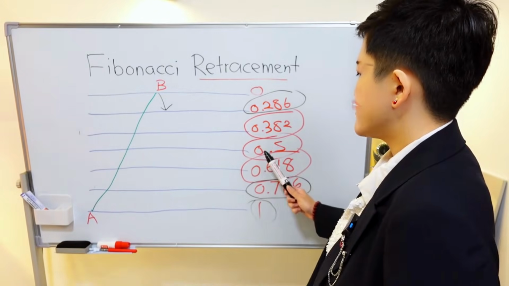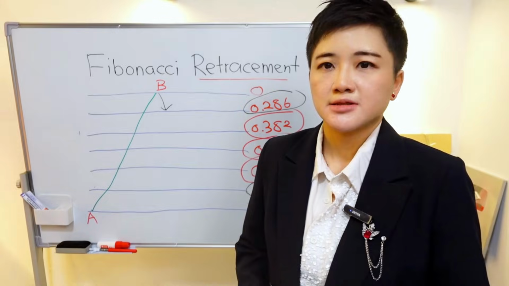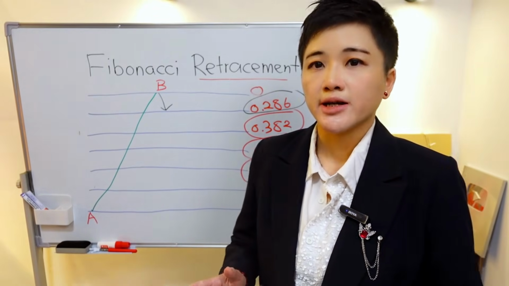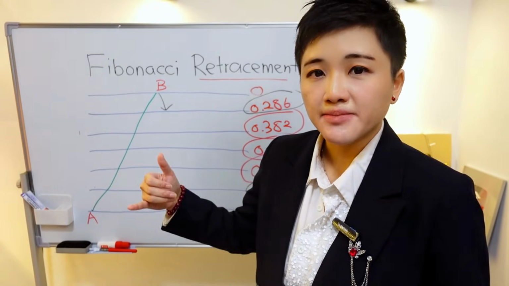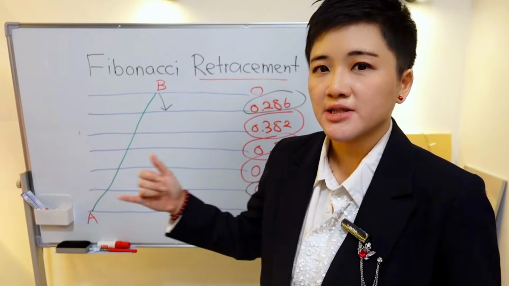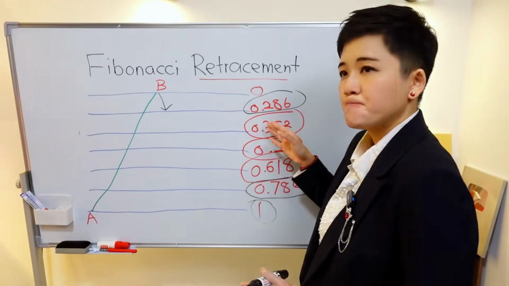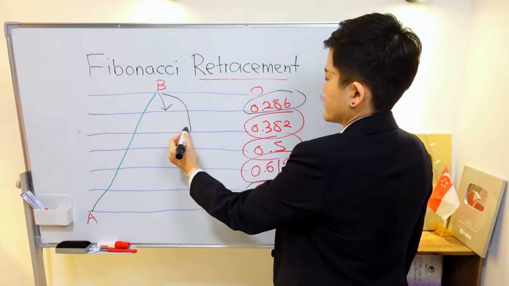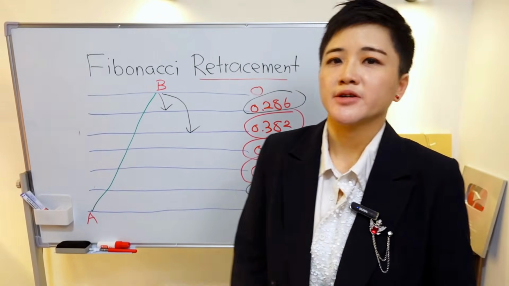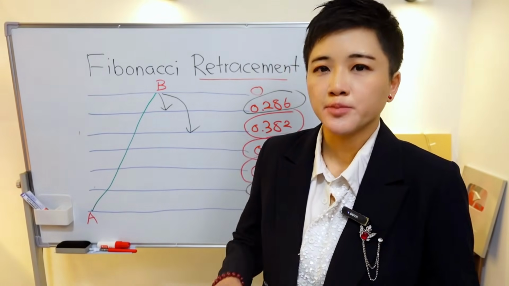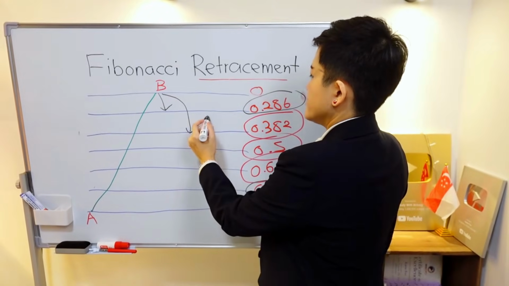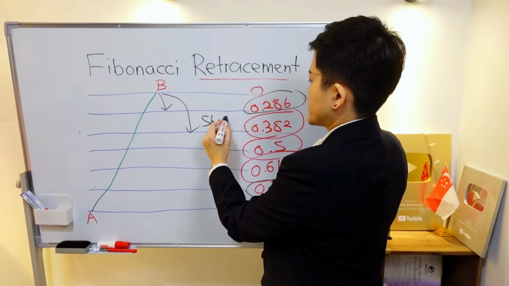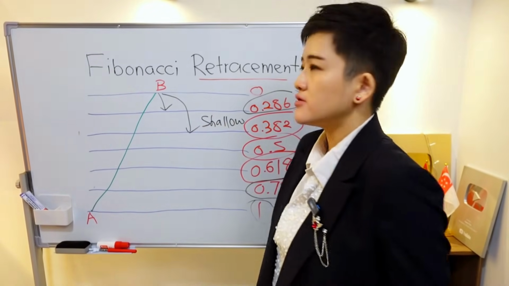Then which of these levels are the best? Now one thing to remember, okay, doesn't mean that you should enter immediately, because you need one more thing. Later I'll talk about it. But for now, when prices retrace to 0.382, this is a minor pullback, a shallow pullback.